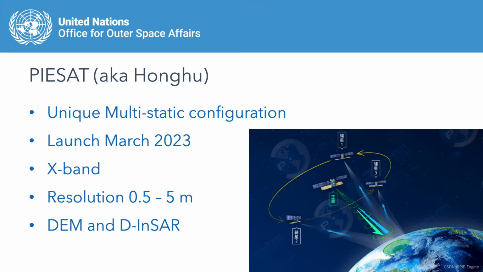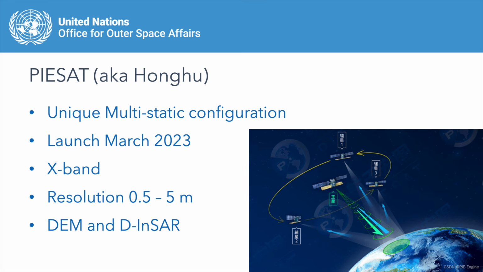So we're having a master here and 3 slave satellites going in this cartwheel formation, giving you a multi-static configuration, which, in contrast to the bistatic configurations we talked about before, gives you more baselines for each acquisition.